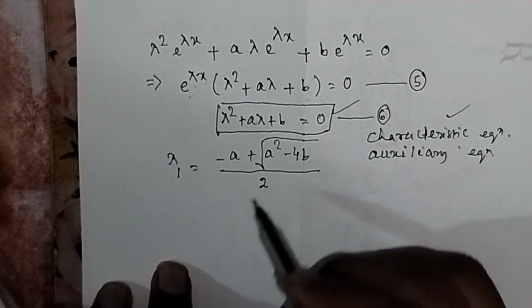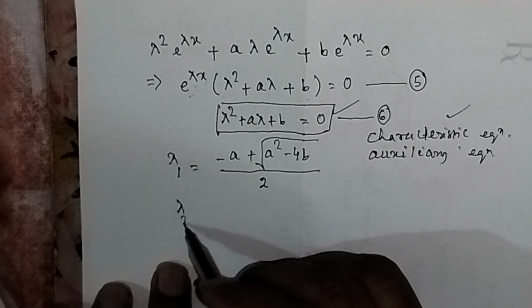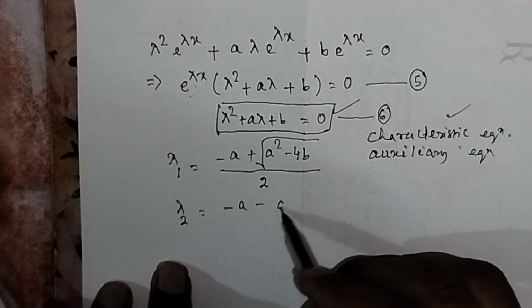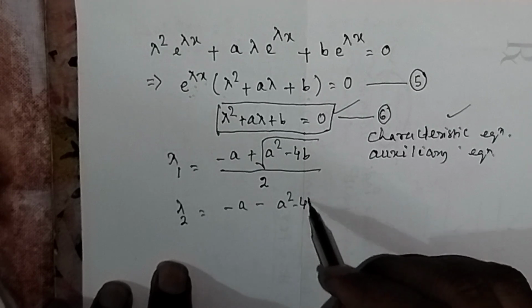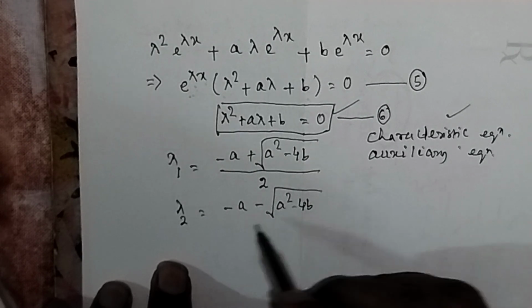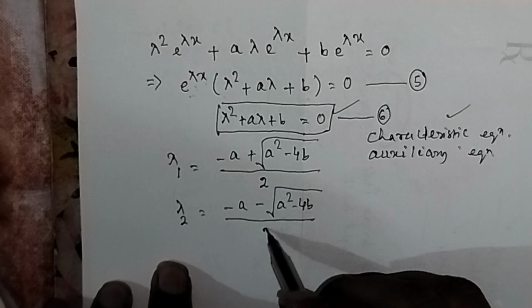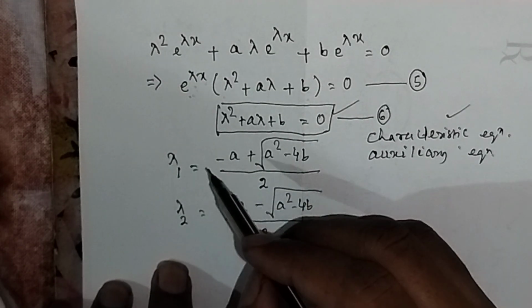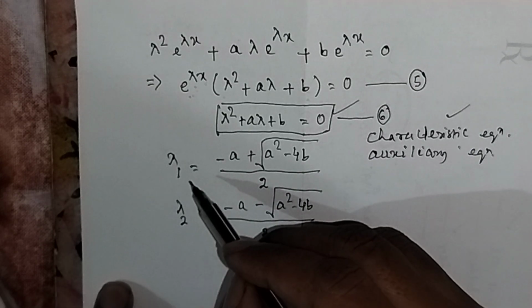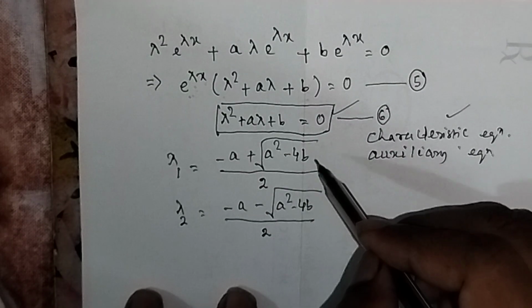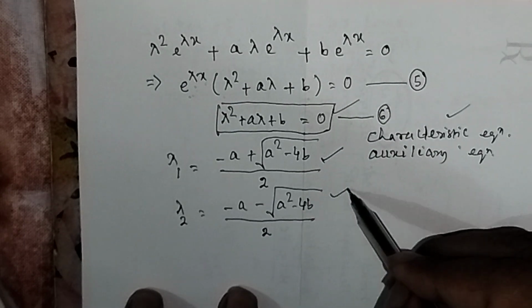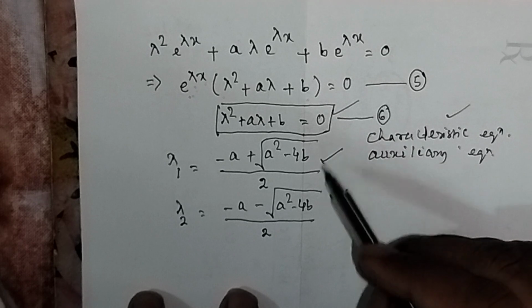Another root will be lambda 2, equal to minus a minus square root of a square minus 4b, divided by 2. So you have two roots. This is the well known roots of the quadratic equation.